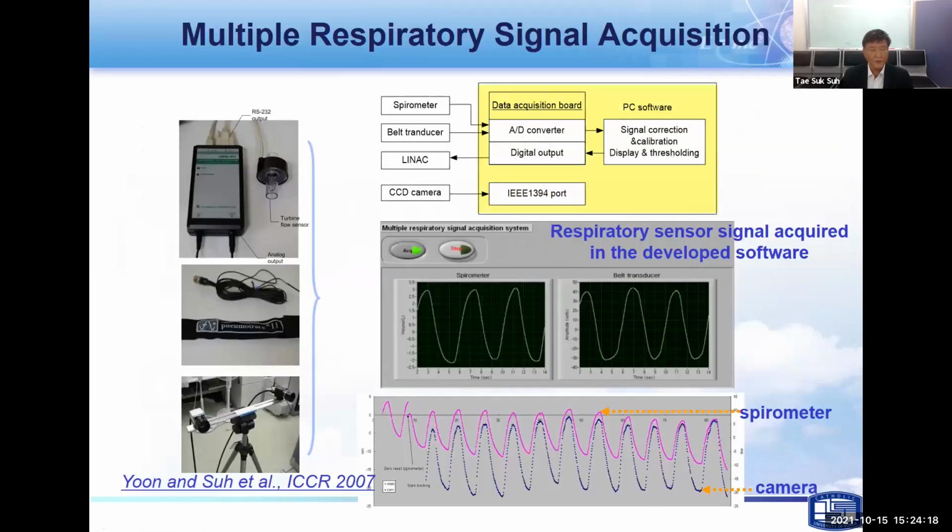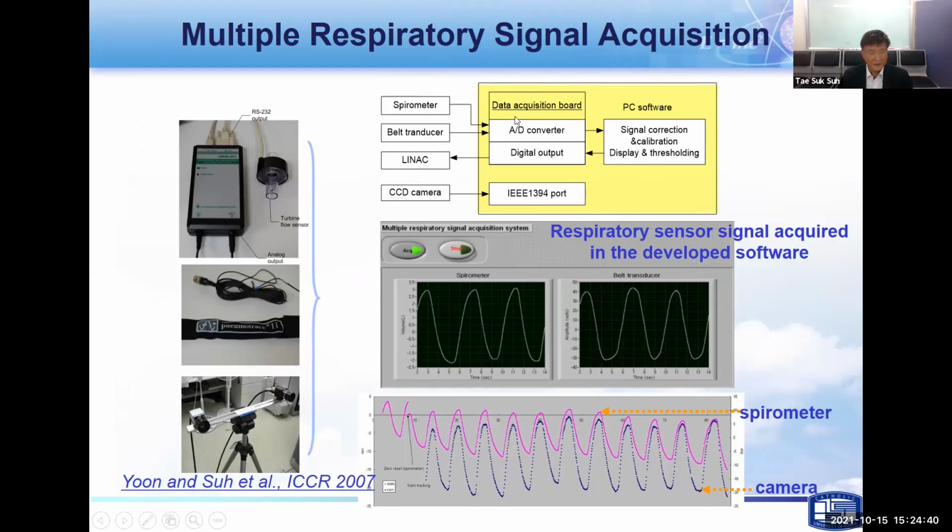And this shows the multiple respiratory signal acquisition system that we developed some time ago. This system can analyze the respiratory signal obtained from various sensors, spirometer and CCD camera.